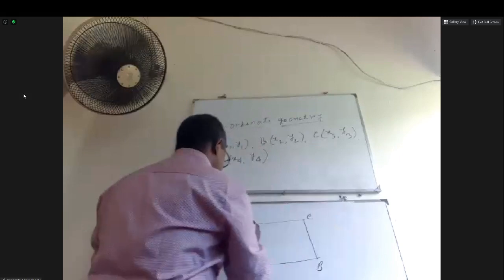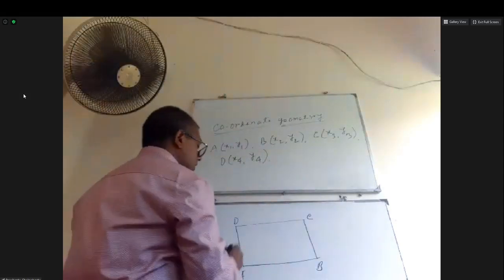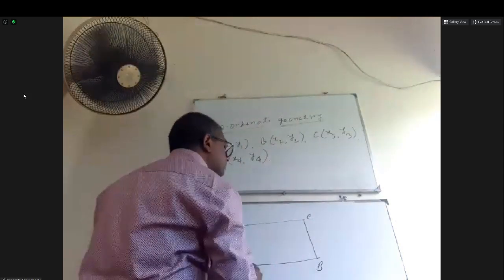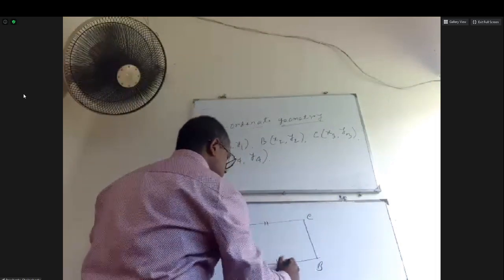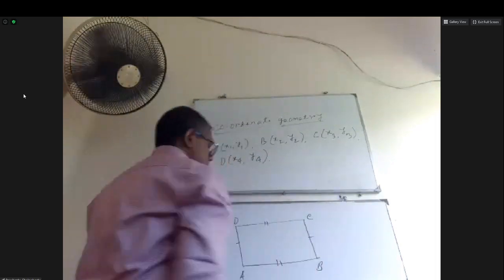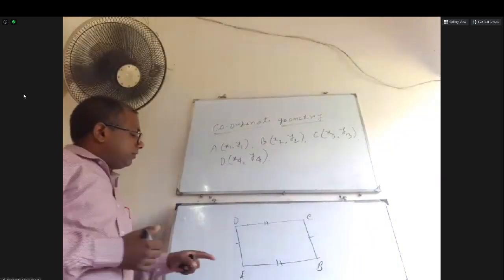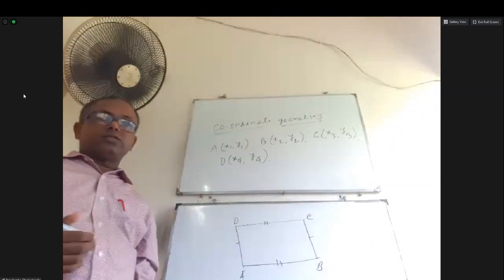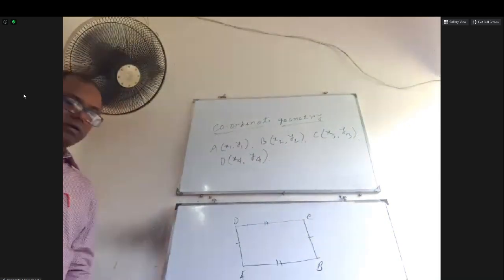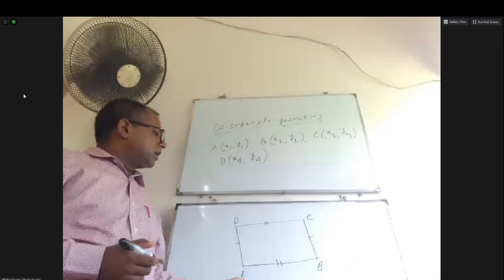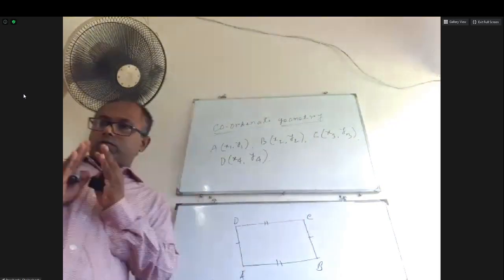If in a quadrilateral ABCD the opposite sides are equal, any two opposite sides, AB and CD, are two opposite sides.